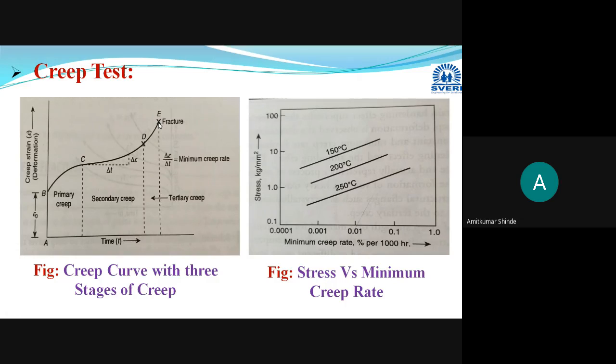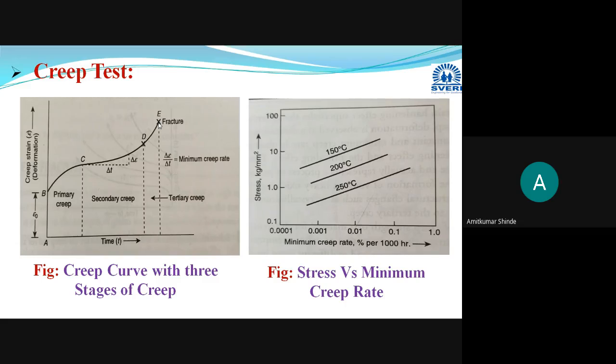We are conducting the same test at different stress values and different temperature values. Suppose we select a particular temperature and one stress value, and conduct this test for that; then again we take another stress and another temperature value, and conduct the same test.